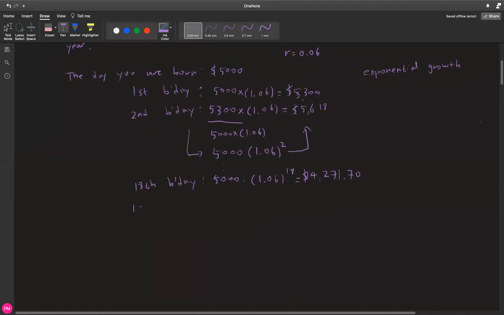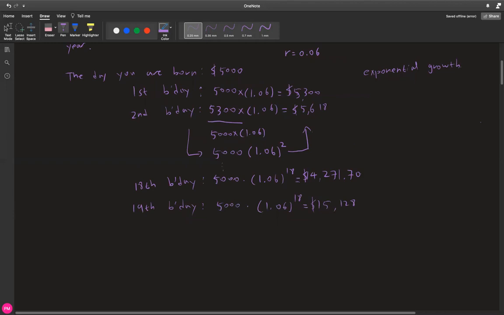On your 19th birthday, $5,000 multiplied by 1.06 to the power of 19 should give you 15,128. And do you see that the amount of increase between the first and the second birthday and the amount that increased from the 18th and 19th birthday, even though it's only 1 year difference, is significantly larger.